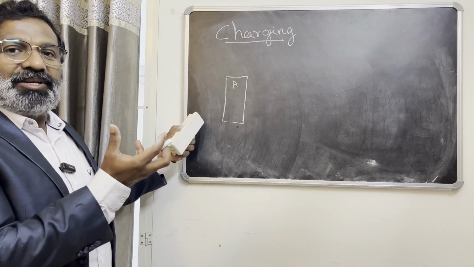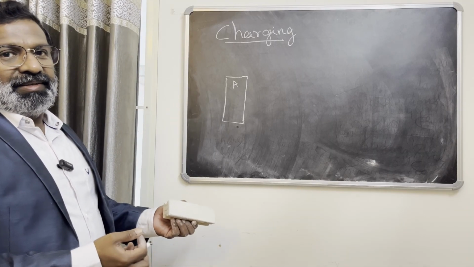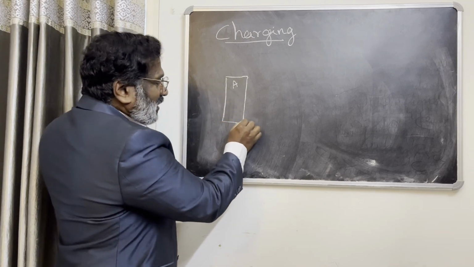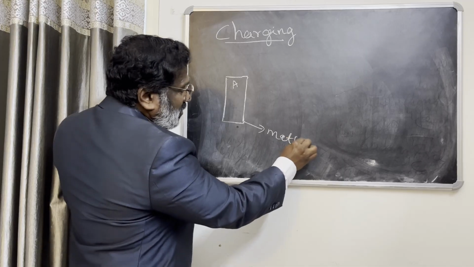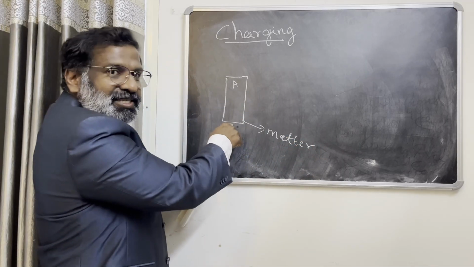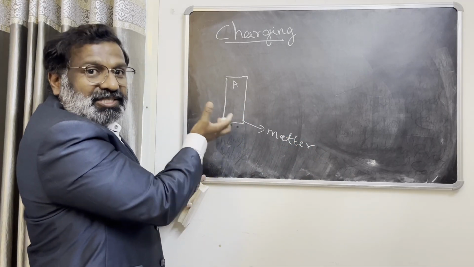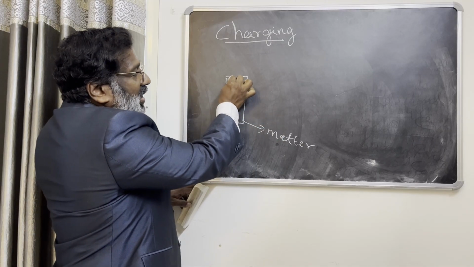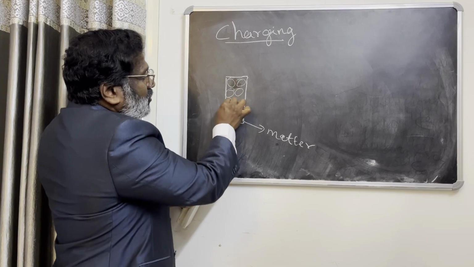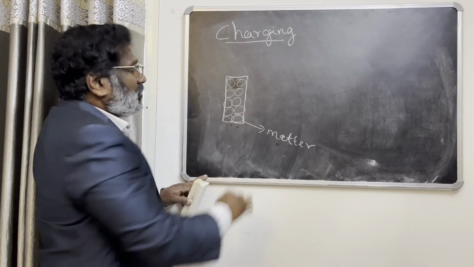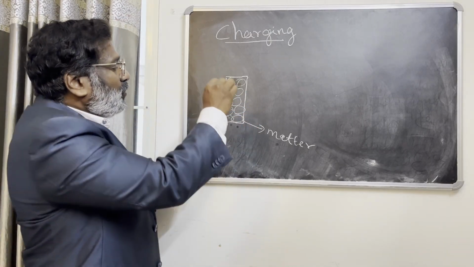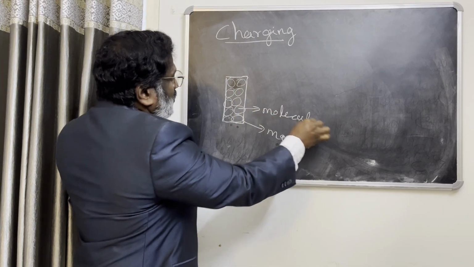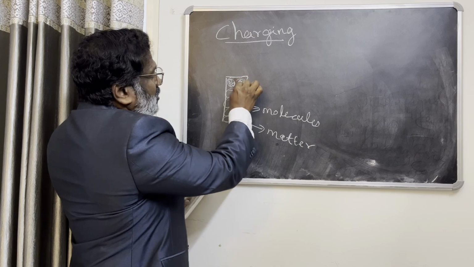What is the total charge of this metal plate? What is this metal plate? It is matter. Why? It has mass and it has volume. It occupies space. So, it is matter. If it is matter, inside we will be having molecules. All matter is composed of molecules. So, inside the molecules we will be having atoms.